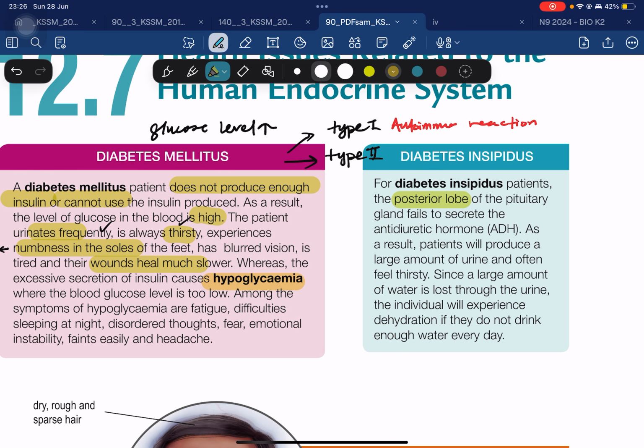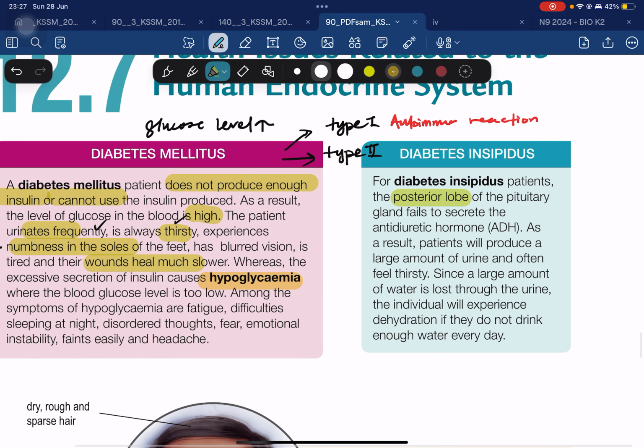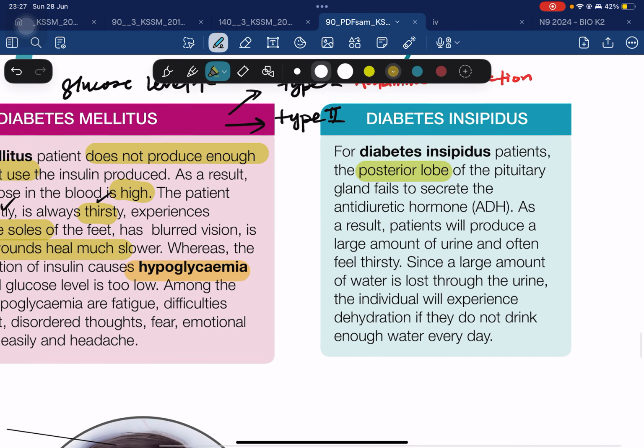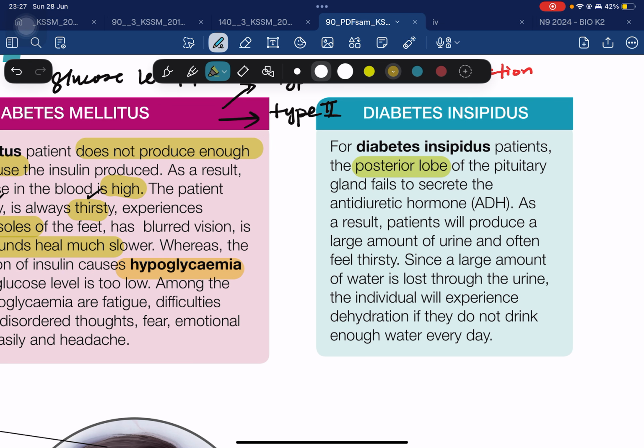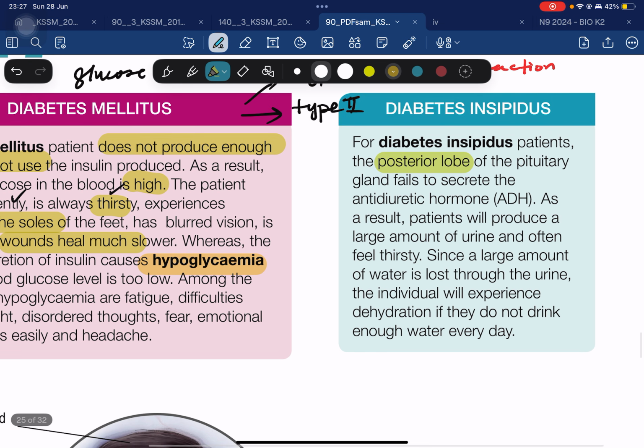Antidiuretic hormone plays a crucial role in regulating your urine and your body, in order to keep you hydrated and avoid dehydration. Let me give a recap about the posterior lobe.